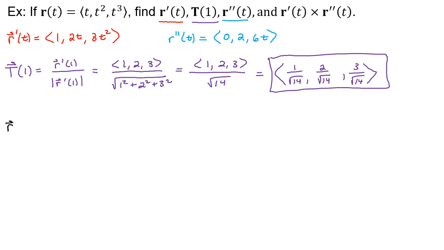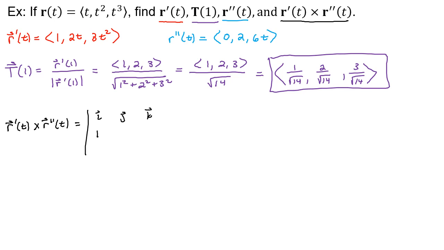So if I do the cross product of r of t, r prime of t, and r double prime of t, remember in a cross product you have an i, a j, and a k across the top.